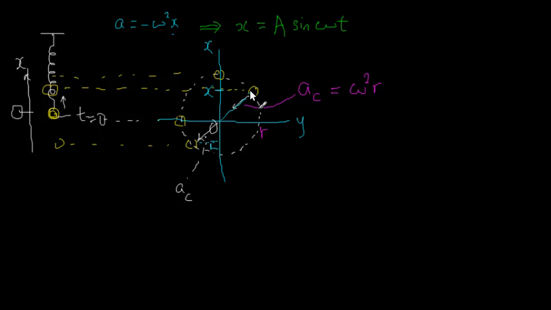If you look at this triangle and this triangle, this right angle triangle and that right angle triangle, clearly they are similar triangles. This is along a straight line, so they are similar triangles. They're both right angle triangles.